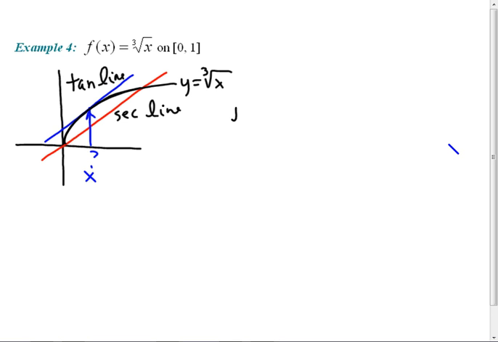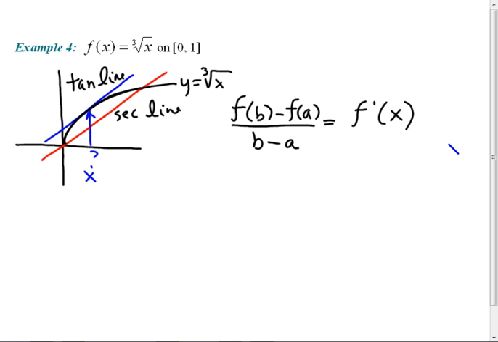So it's f of b minus f of a. It's just the slope between the endpoints at 0 and 1. And then it's the derivative, which we did. It's just the slope formula. At the endpoint, it's okay.